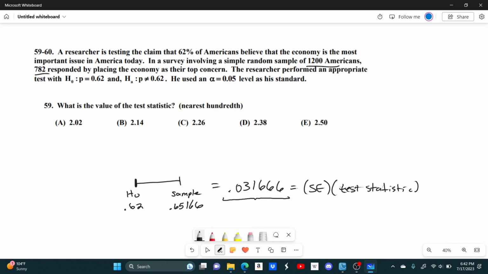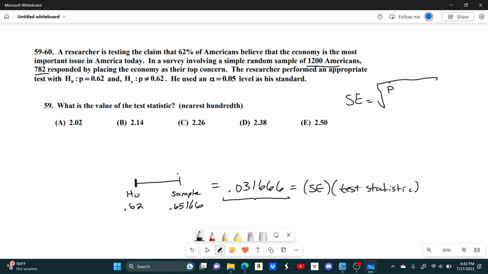Okay, so there's another formula we're going to have to use to calculate this. We can use it to calculate the standard error. The standard error of a proportion like this is equal to the square root of p, or wait, actually, I almost messed that up.